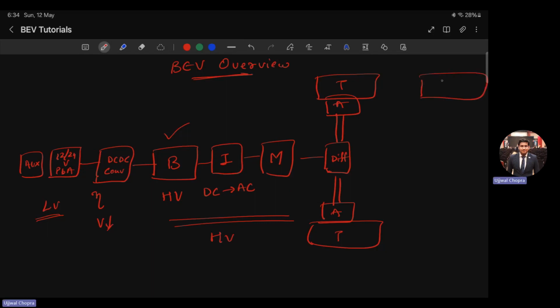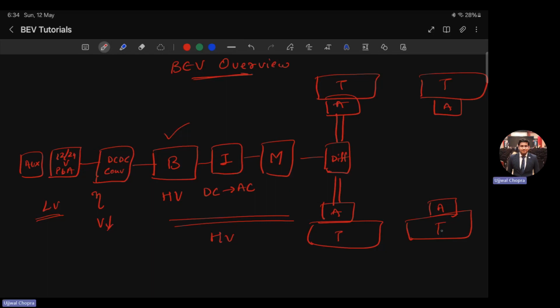So we'll have a tire axle combination which would be freely rotating or connected to the motor depending upon whether it's a front wheel drive, rear wheel drive, or all wheel drive. All wheel drive vehicles have an advantage of higher gradability because of more traction.